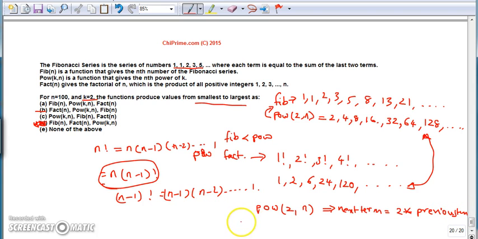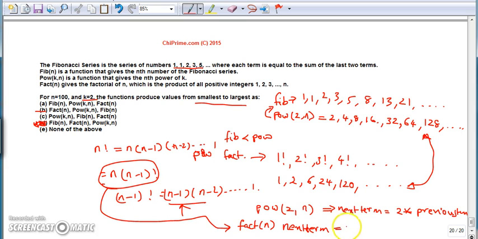Whereas in fact of n, from this formula here, the next term is n times the previous term.